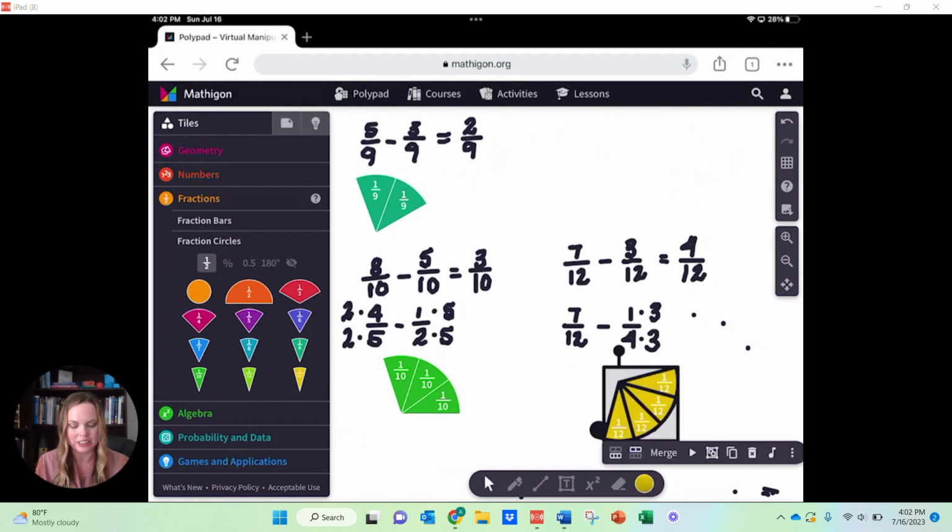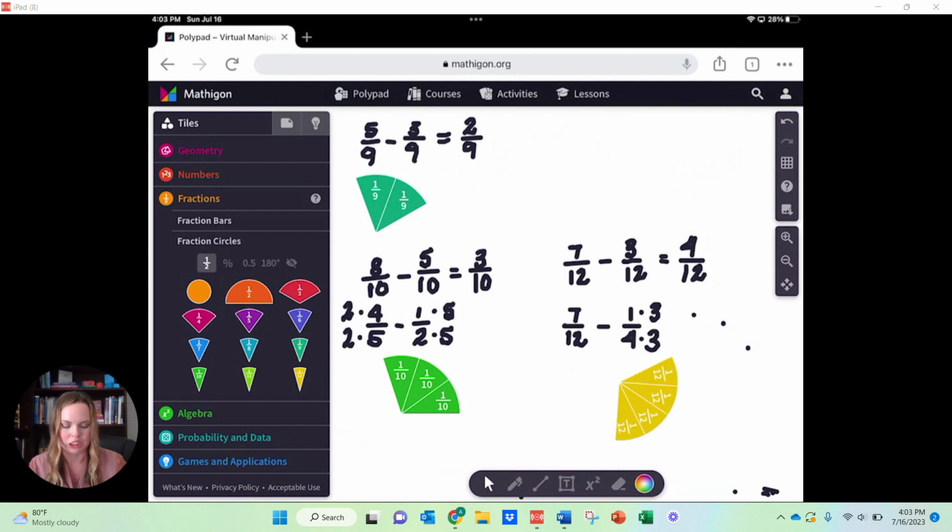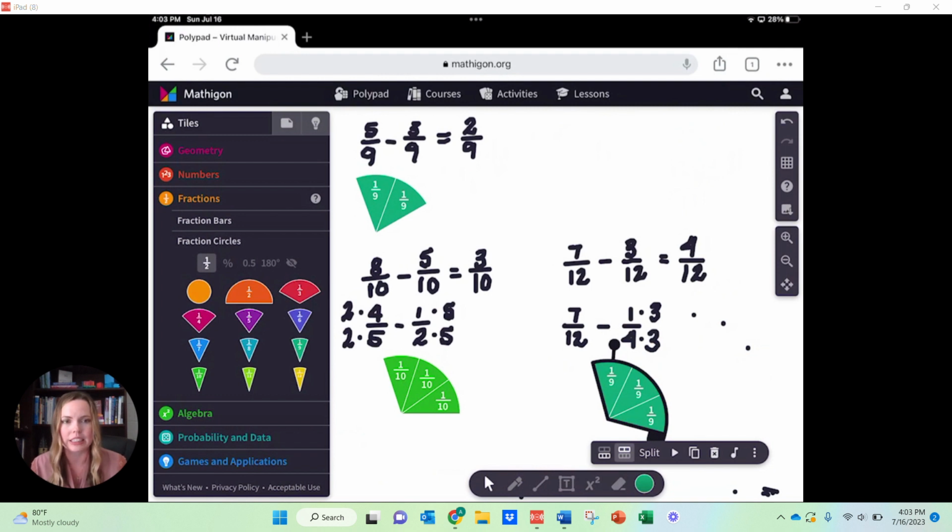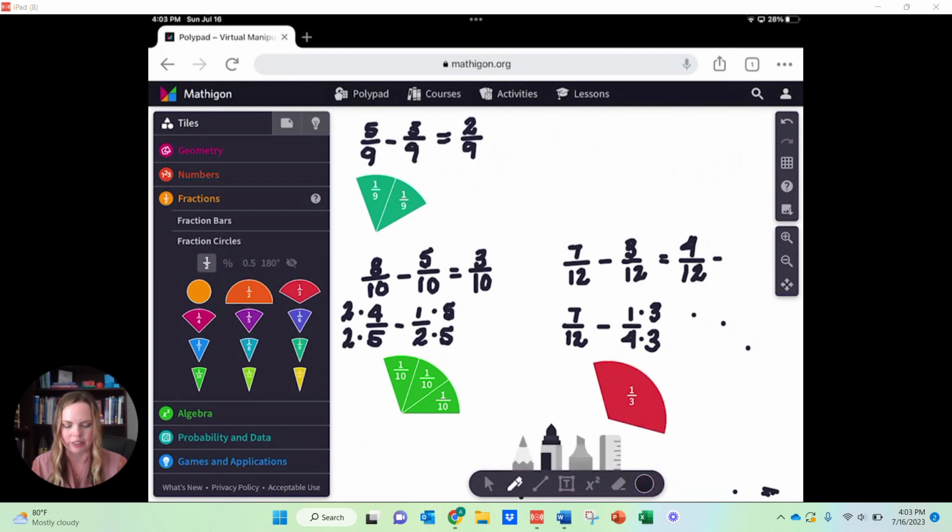If you don't notice, check it and merge these and see if there's some renaming that can happen. There you go, that got a little simpler, and it's 3/9, and it can actually get even more simplified into 2/6, and then even more simplified into the 1/3, so down into the 1/3 unit fraction. And 4/12 is equal to 1/3. So that is our final answer here.